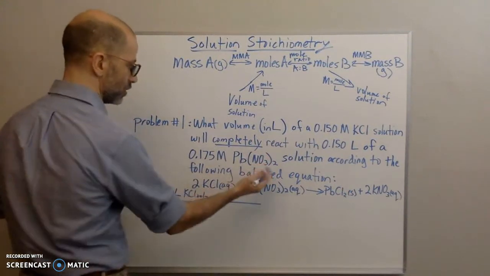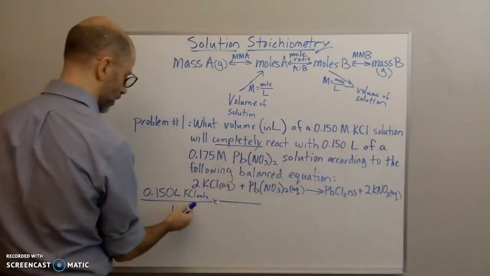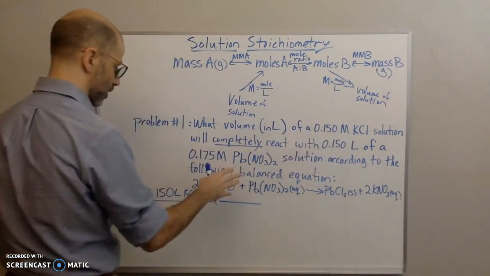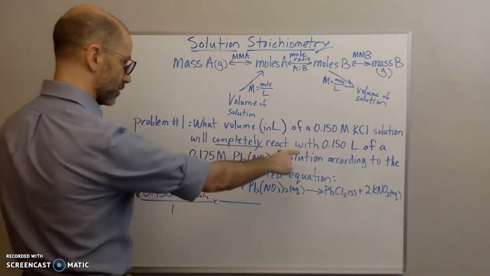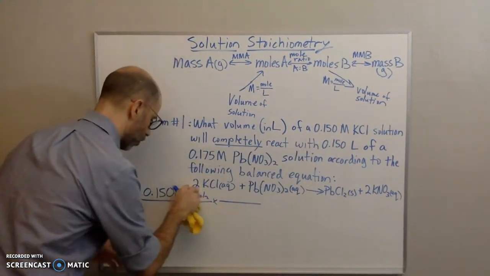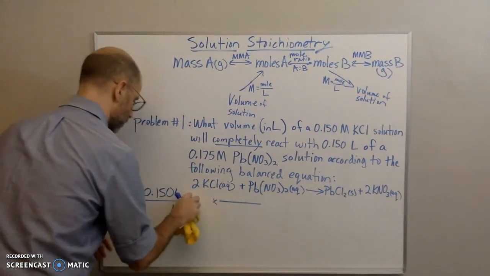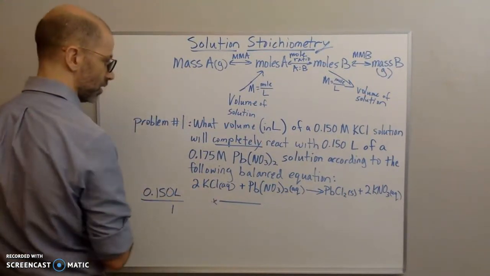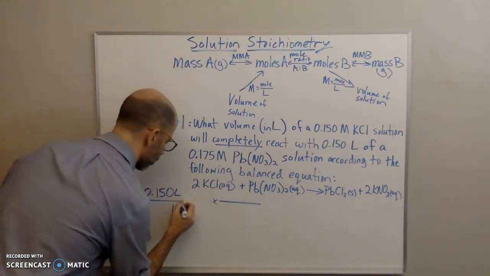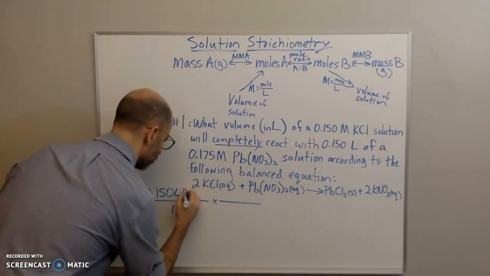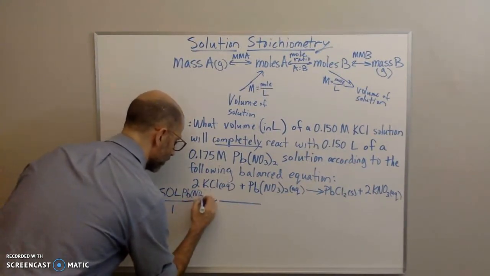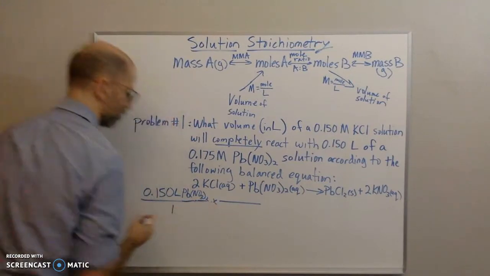They give us the molarity of the KCl, or I'm sorry, not the KCl. This is the Pb. Oops, already started a mistake. That's going to be liters of the lead II nitrate. I wrote the wrong thing down. So Pb(NO3)2, there it is.